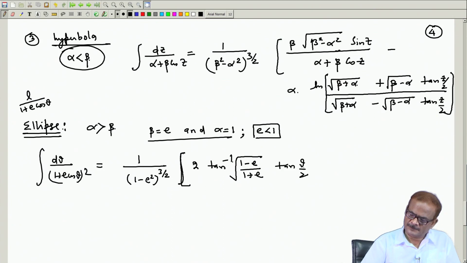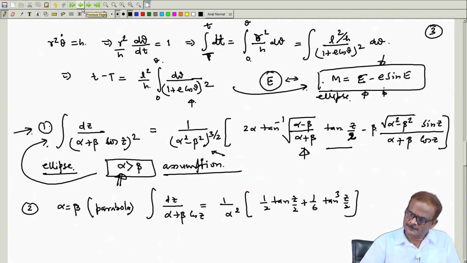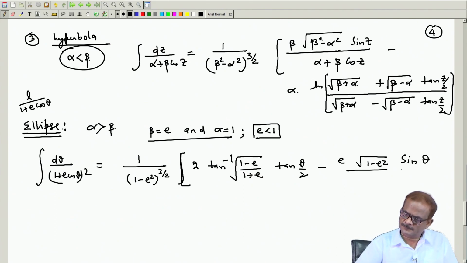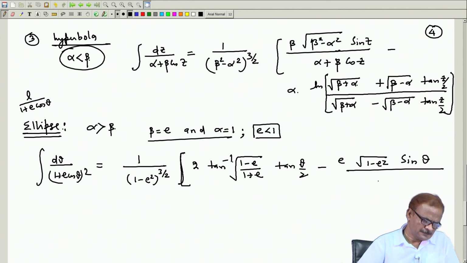So, that becomes theta by 2, minus E, this beta is replaced by E. So, E times the square root of 1 minus E square, z is replaced by theta. So, we get here sin theta over 1 plus E cos theta.